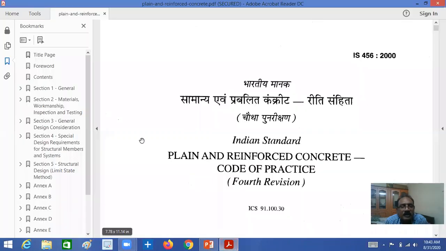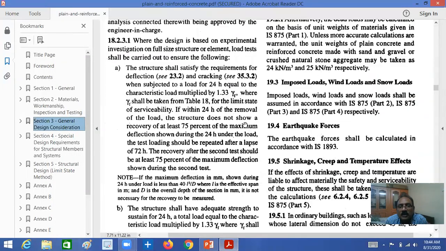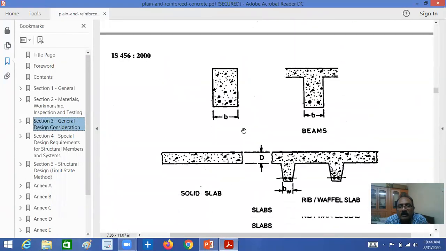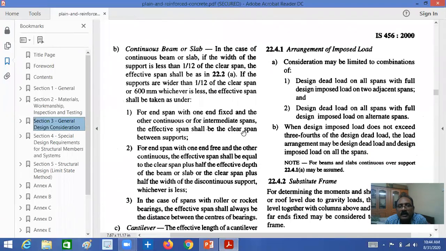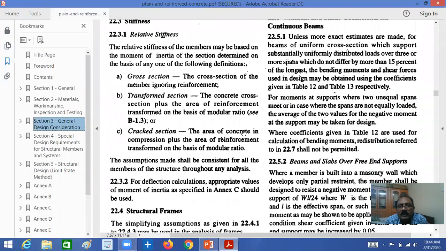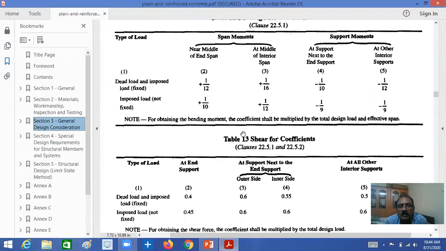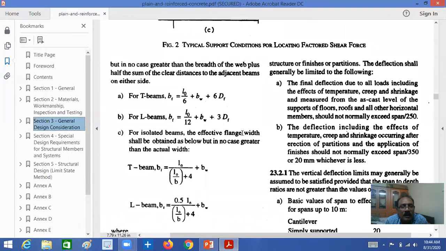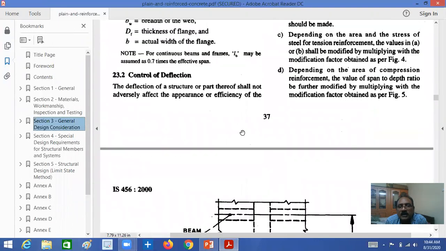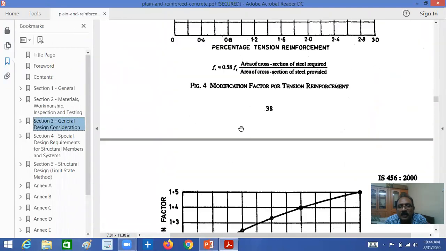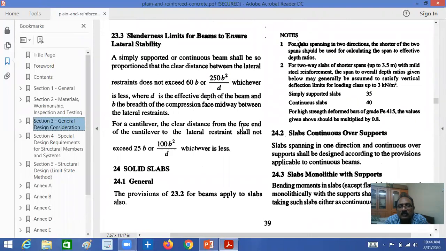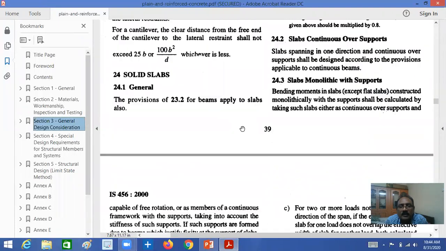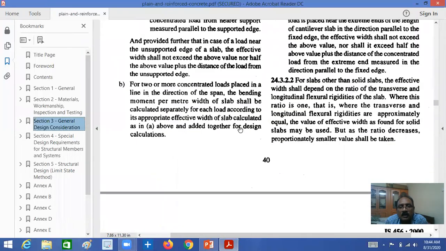You can see this from the general design considerations of columns, clause 24.5.6. You should remember all these values and whatever is required for consideration. Here they have given some rules and regulations for slabs and then columns.